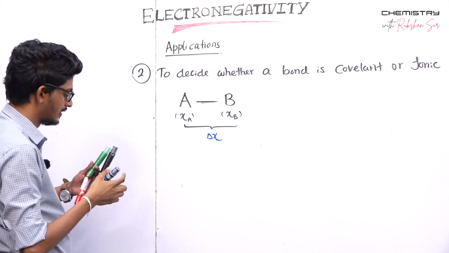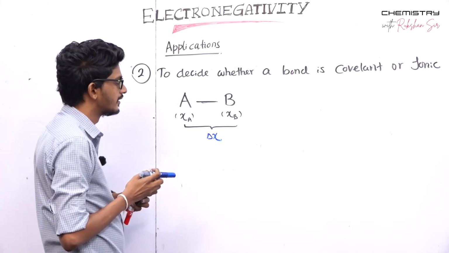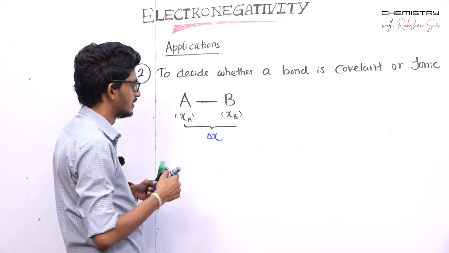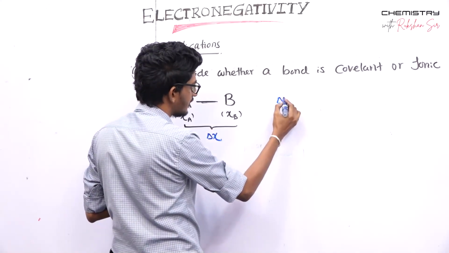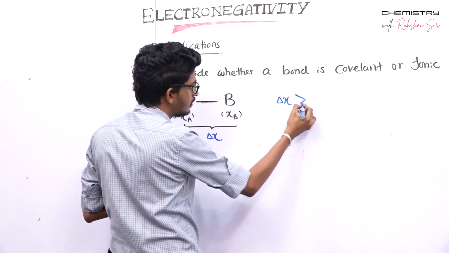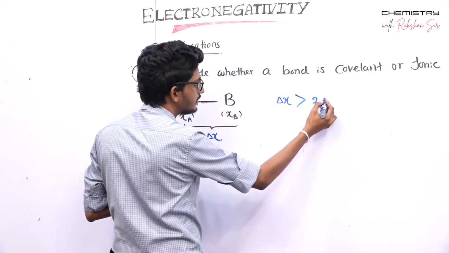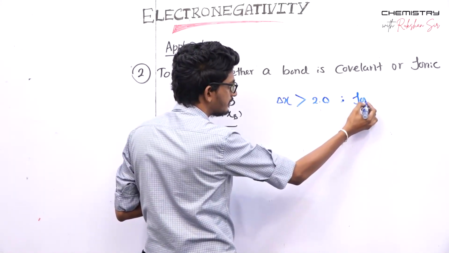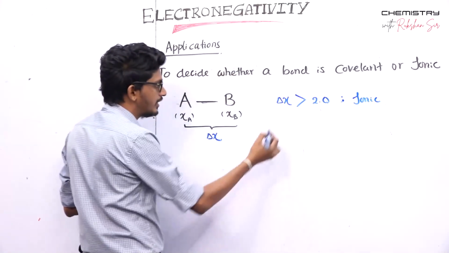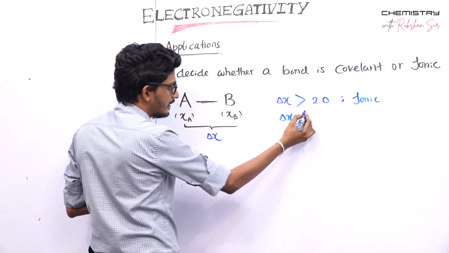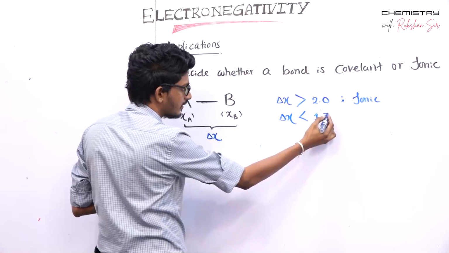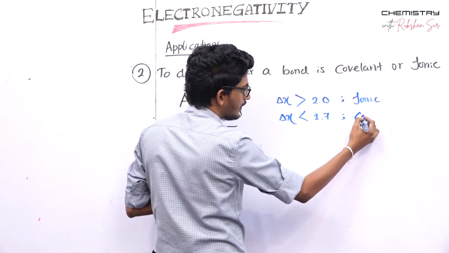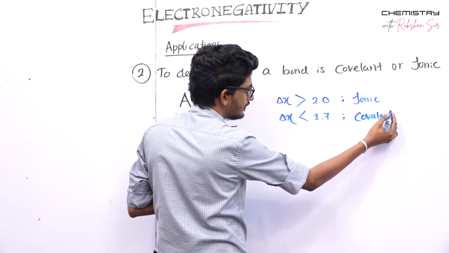By considering that delta X, you can predict whether the bond is ionic or covalent. If delta X exceeds 2 units, then we prefer such a bond as an ionic bond. If the difference is less than 1.7 units, normally we prefer such a bond as a covalent bond.